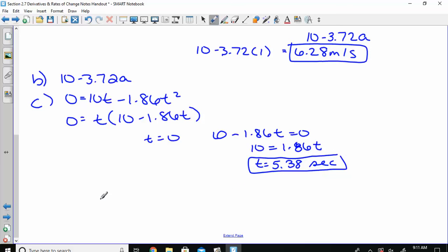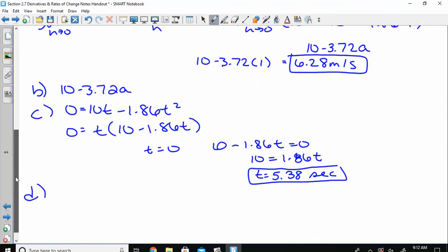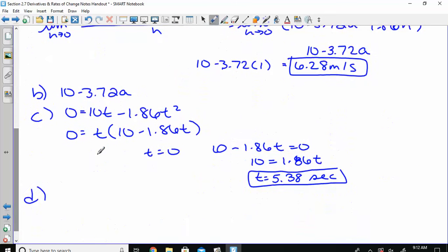We get 5.38 seconds. So that's how long it takes to hit the surface, so the height is 0. Then I ask, what's the velocity when it hits the surface? I know my time, so then I can use my velocity formula, the 10 minus 3.72a, and my a is that 5.38.